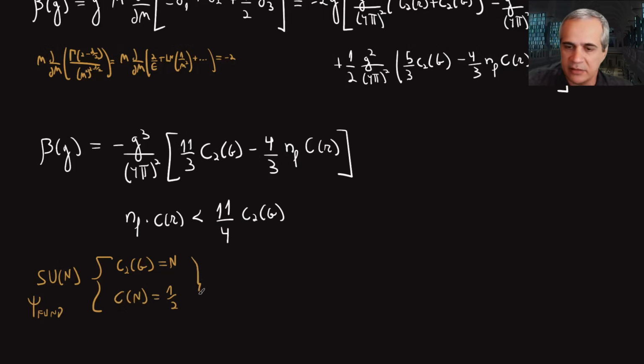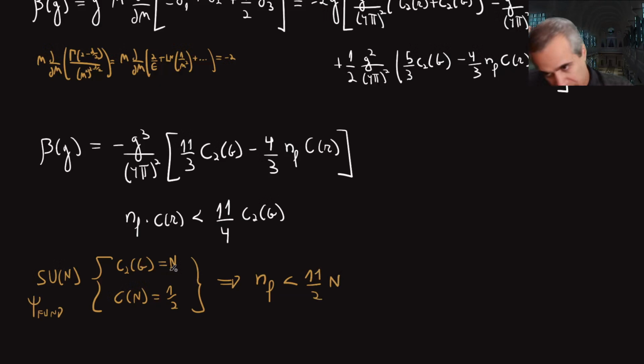In that case, this condition becomes that the number of fermions should be smaller than 11/2 of the number of colors. The size of the group, I mean, so the number of generators of SU(N).